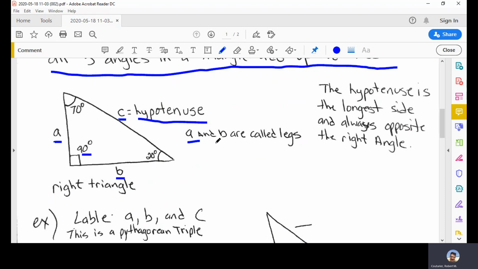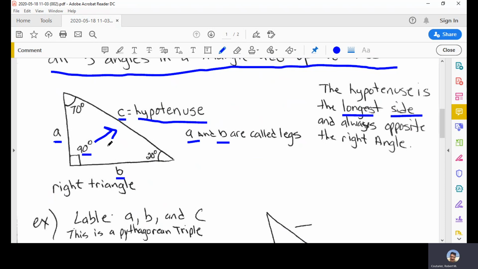A and B are the legs. They call these the legs of your triangle. They're the 2 shorter pieces. So the hypotenuse is always the longest side, and it's always opposite that right angle for you. Okay, hypotenuse, longest side, it's always opposite.